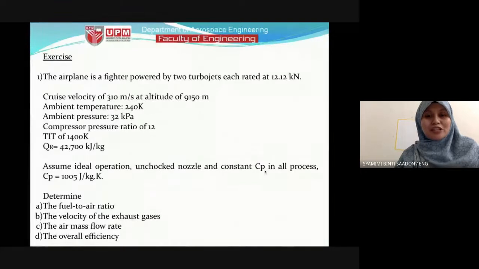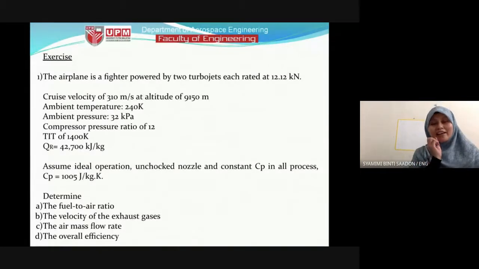Choked or unchoked means that, when we say the air is choked, in other words, it means that the air flow in the engine is limited. What do you mean by limited?